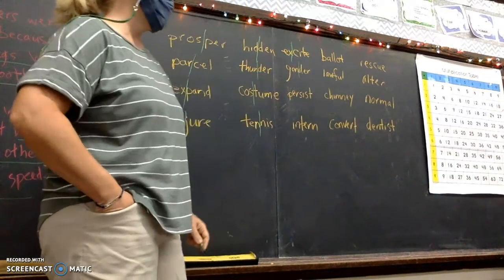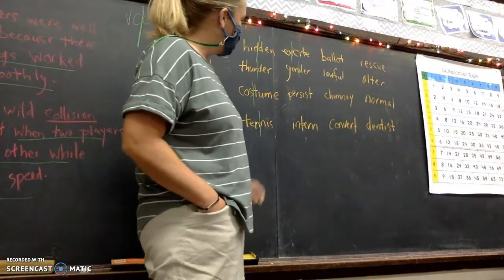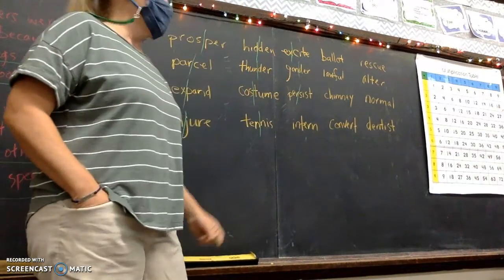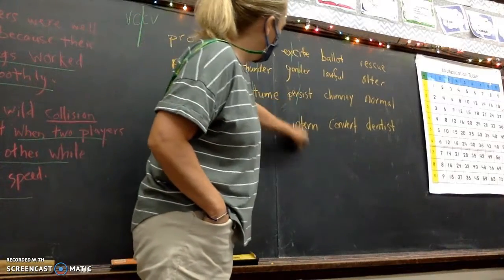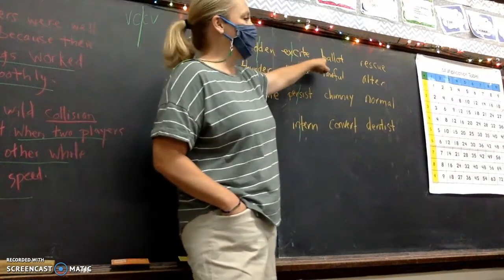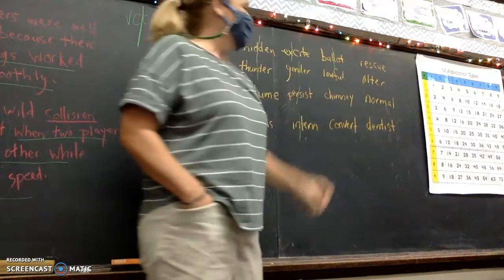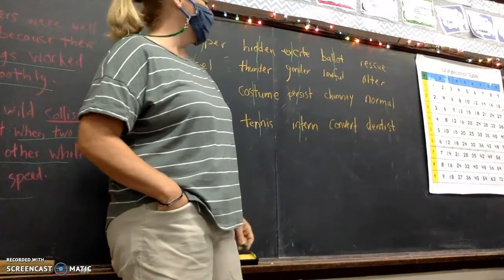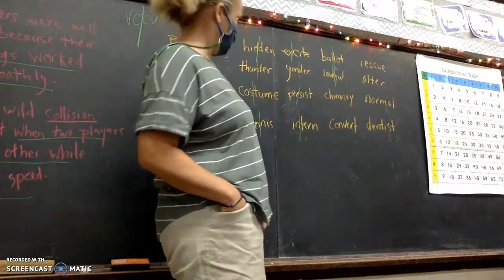Chelsea, persist. Very good. Dawson, intern. The N and the T. Peyton, ballot. Ballot. I want to call it ballet. Thank you. LL. And Abby, lawful. W and L. And Devin, chimney. M and M.